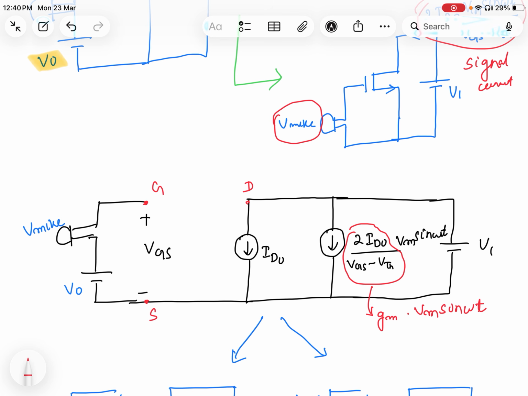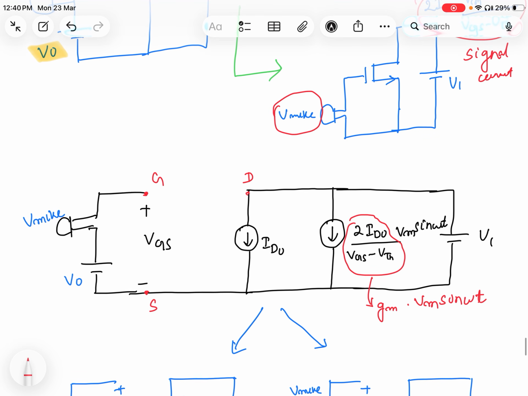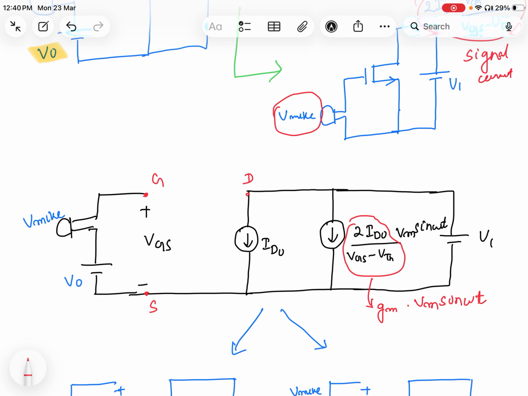Now the voltage across gate to source equals VGS, which is nothing but V0 plus Vm sin omega t, and to this drain, two currents are coming. This is ID0, the bias current, and this is 2 ID0 into Vm sin omega t divided by VGS minus VTH, which I call the signal current here.